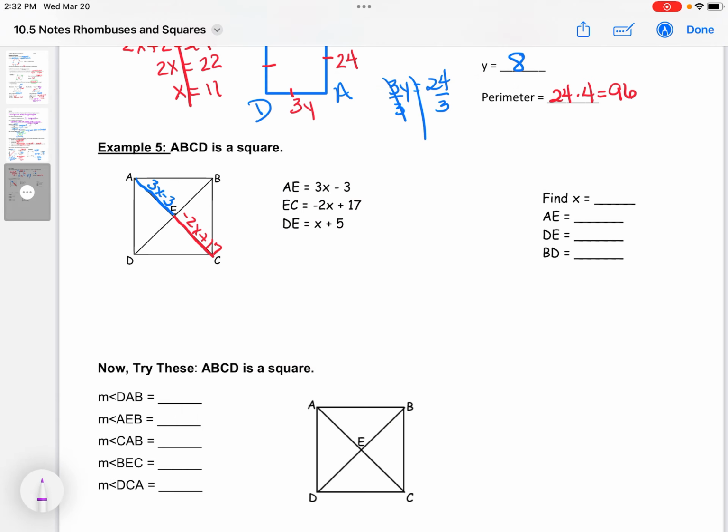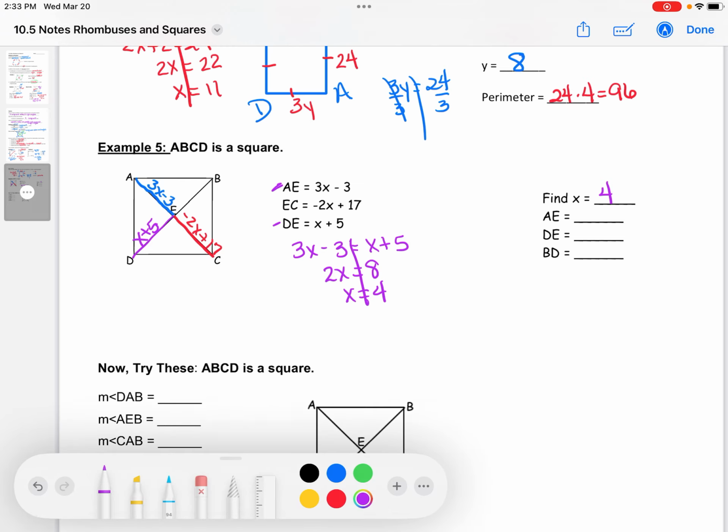And DE is x plus 5. So all of those are equal to each other. So really you just need to pick 2. So let's do those 2. 3x minus 3 equals x plus 5. 2x equals 8. X equals 4.